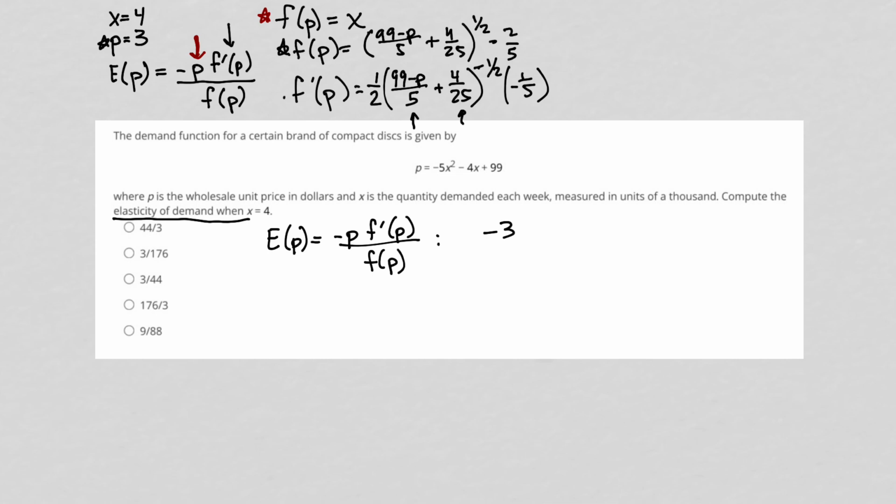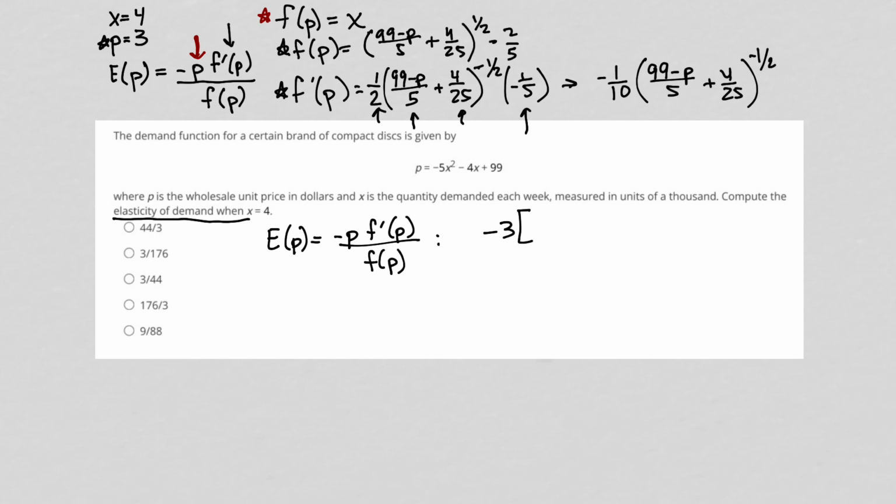is this. Now, I can actually simplify this further because I have a -1/5 and I have a +1/2, which makes that a -1/10 when I multiply them together. And of course, I'd still have my 99 minus p divided by 5 plus 4 over 25, close parentheses, to the -1/2 power there. So when I multiply this by my f prime of p, that's what I'm going to multiply by.